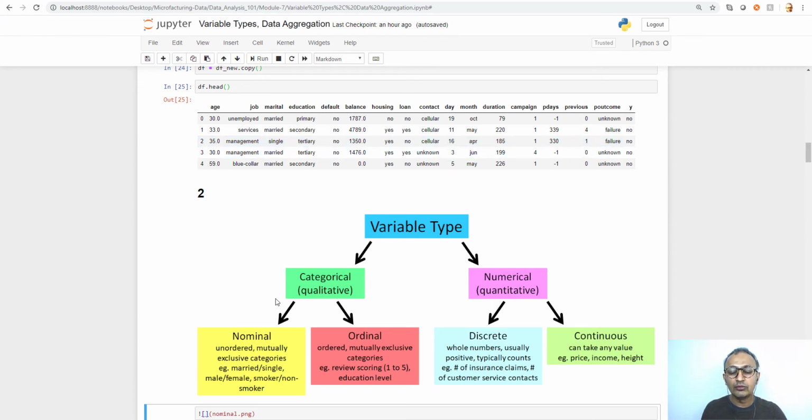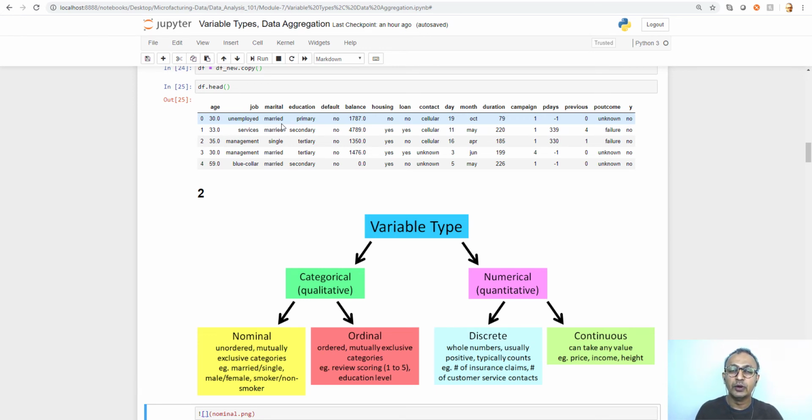In categorical, you have two different types: nominal and ordinal. Nominal is where you can think of it as not having any order. The best way to think about ordinal is review scoring.